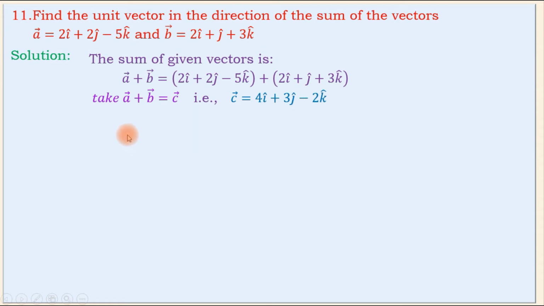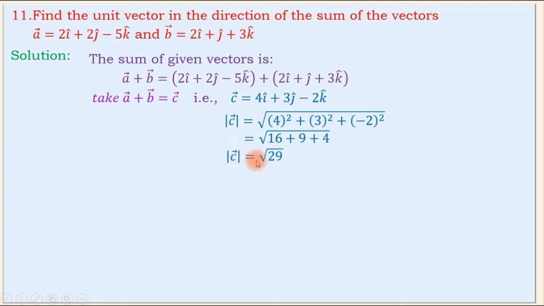Now we are going to find unit vector in the direction of sum of the vectors a vector plus b vector, that is c vector. So find the magnitude of c vector, that is square root of 4 square plus 3 square plus (minus 2) square, that is magnitude of c vector becomes root 29.